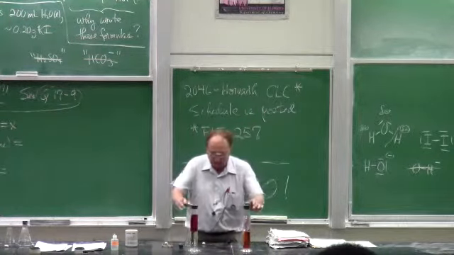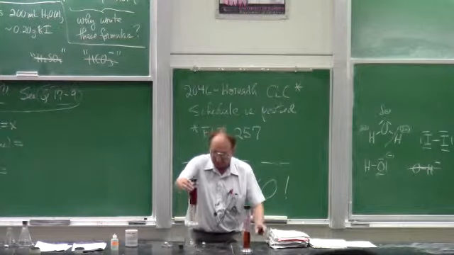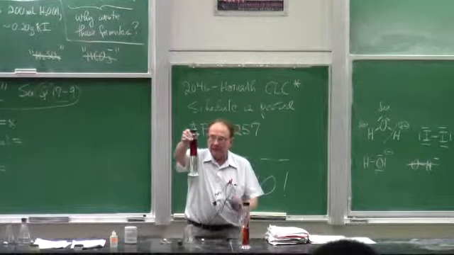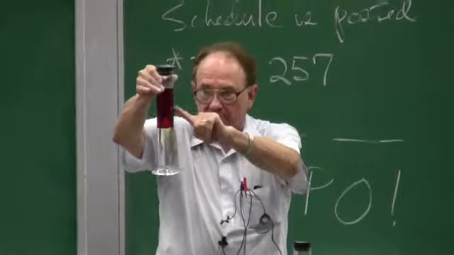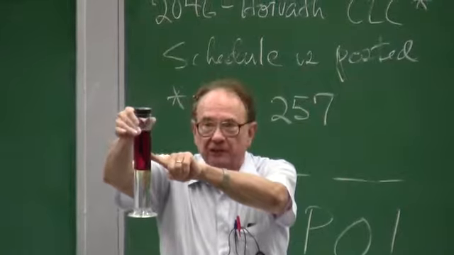Notice, if you will, just as we talked, here not much color has transferred to the water layer, keeping with the fact that I2 is much more soluble in toluene.